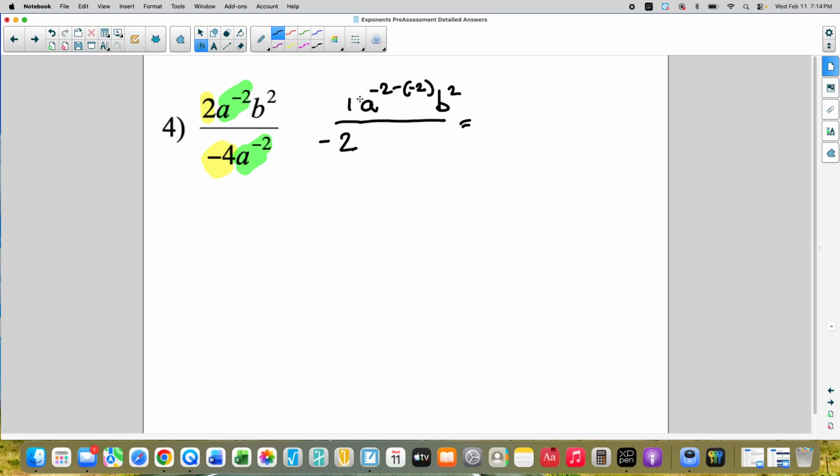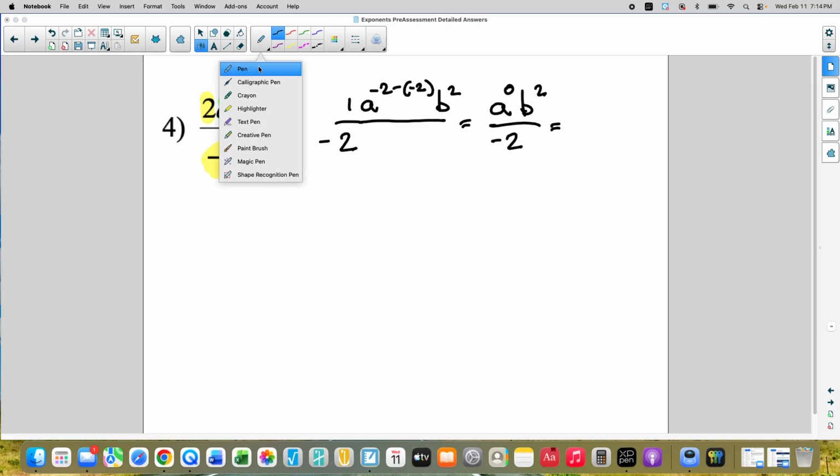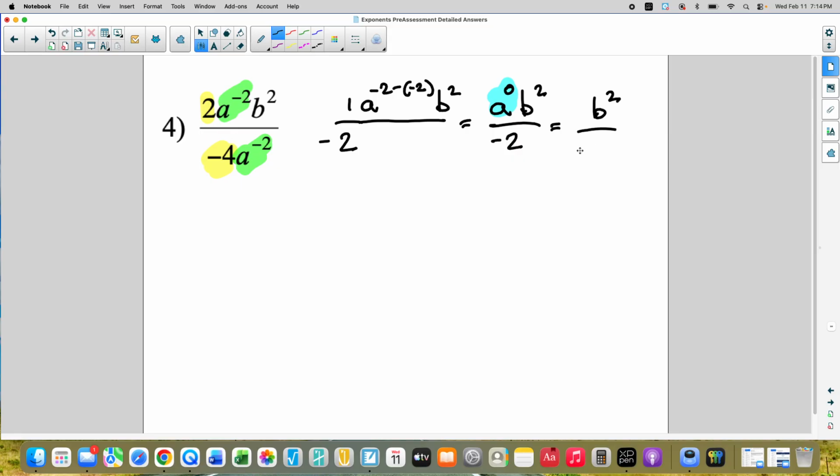So we're going to get rid of this one because it's not really doing anything. This is negative 2 minus negative 2, which is a to the 0, b to the second over negative 2. And we know that a to the 0 equals 1. That simplifies to 1. 1 times b squared is just b squared. So b squared over negative 2 would be my final answer.